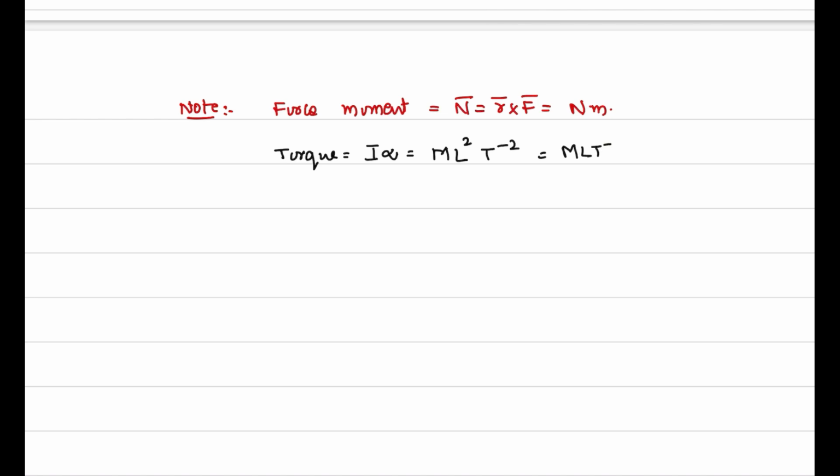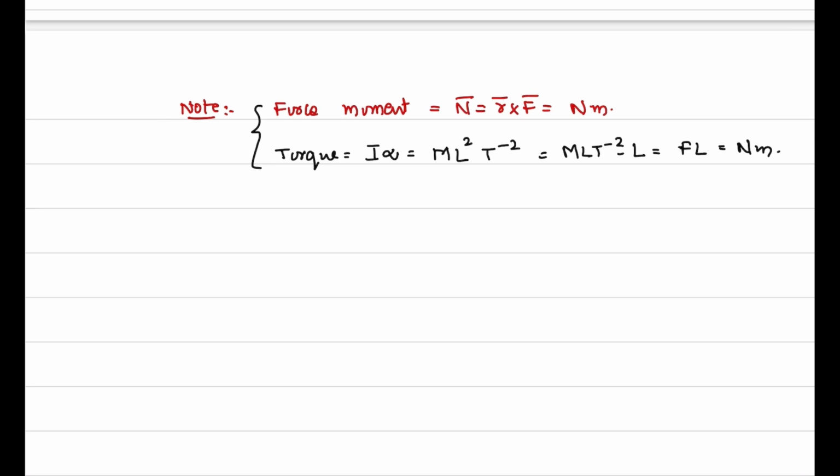So ml into t to the power of minus 2 into L; ml into t to the power of minus 2 is mass into acceleration, that is force, into distance, that is equal to Newton meter. That means the force moment N and the torque both have the same units.